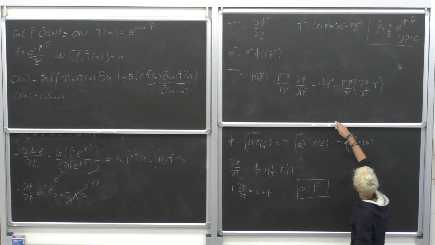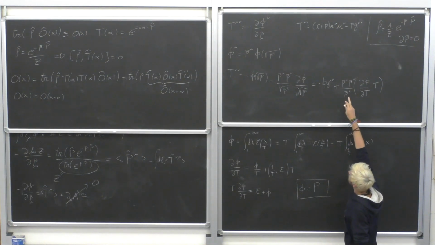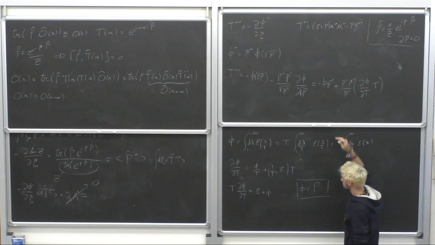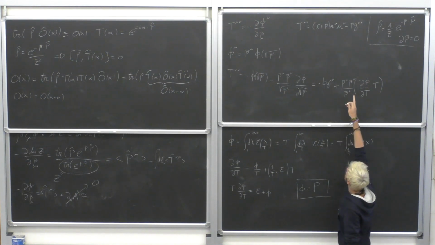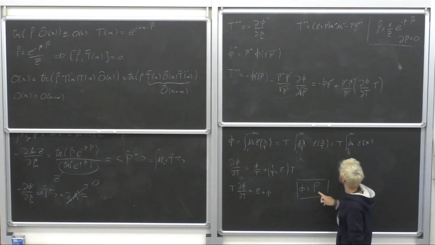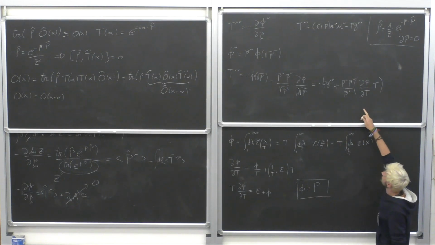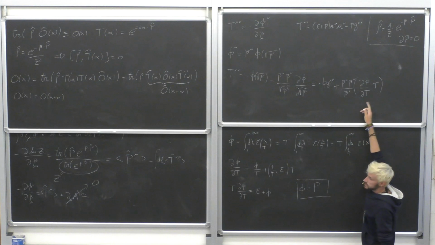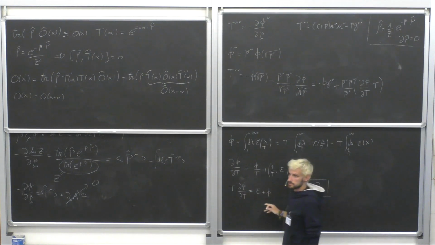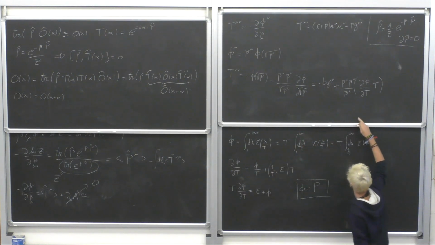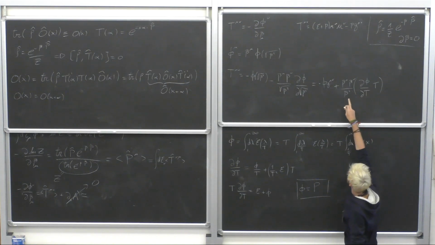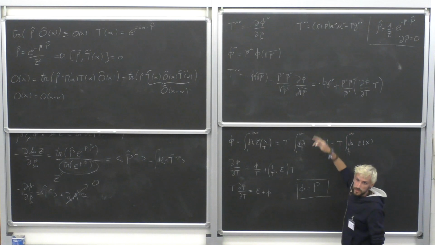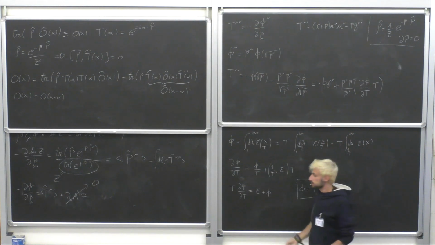So now, comparing this expression with the one above, we reach the same conclusion. In particular, from the g part, we see that phi is equal to p. And this time, we derived this relation by this method. So we see that t times the derivative of phi with respect to t is equal to epsilon plus p, where p now is phi, as before.